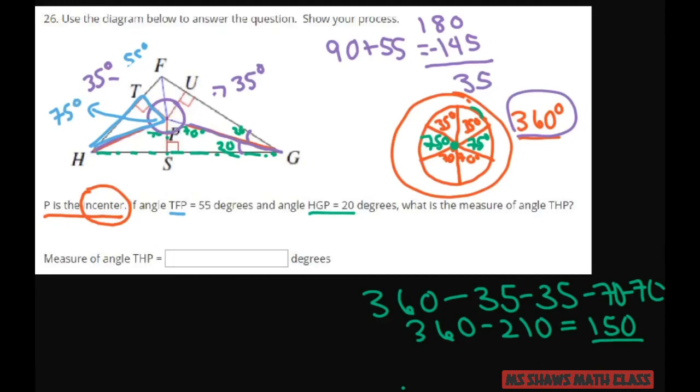So if you take 90 plus 75, that gives you 165. And you subtract that from 180, you get 15. So this has to be 15 degrees.